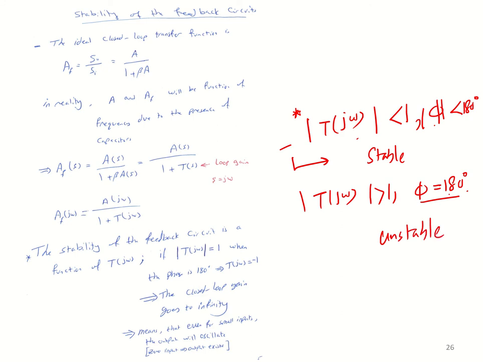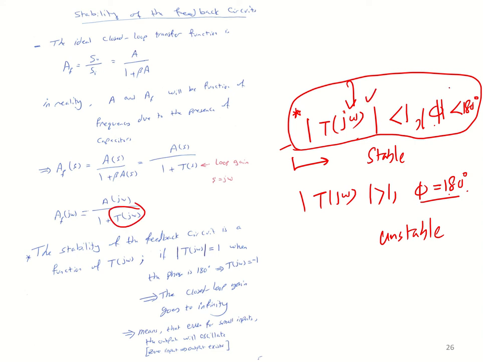So we must analyze the loop gain in the frequency domain to analyze the stability of the feedback circuit, and we must meet this criterion: the magnitude should be less than or equal to 1, and the phase should be less than 180 degrees. So we can analyze these two things. If we have any transfer function, we will get its magnitude and we will plot its phase, and then we can analyze this.